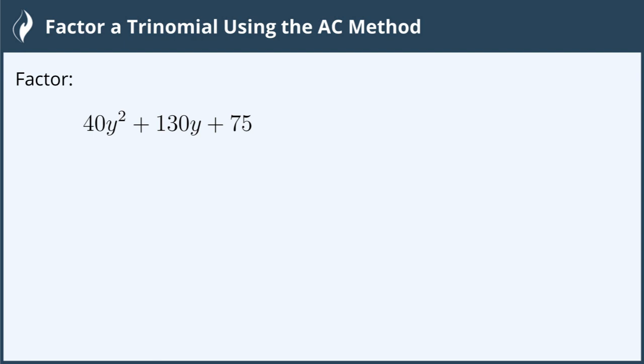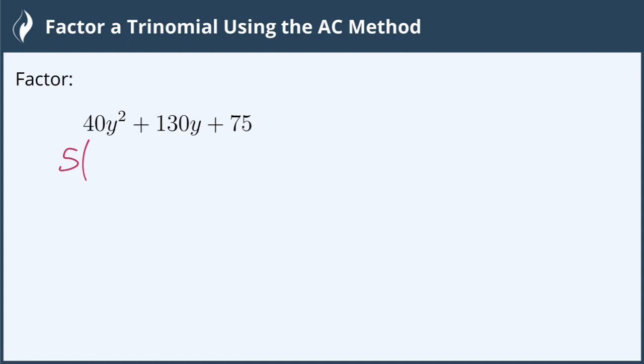For this problem, because my coefficients are 40, 130, and 75, which all end in either 0 or 5, I know I can pull out a 5 from each one. So I write my 5 on the outside, and then I'm dividing each piece by 5.